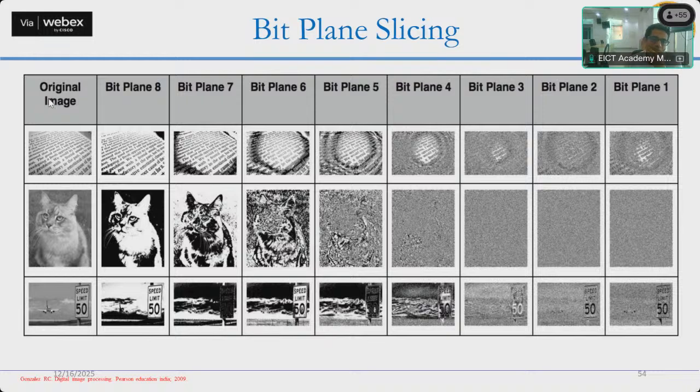So when we take the original image, this is the original image, and we take three different images. Again, we are taking the bit. What is the advantage? If you see, when we are using only one bit, it is basically compression.